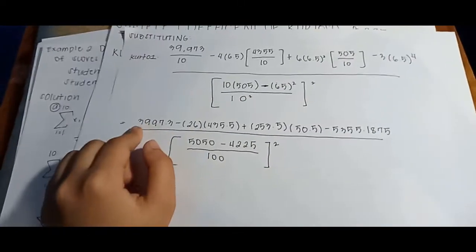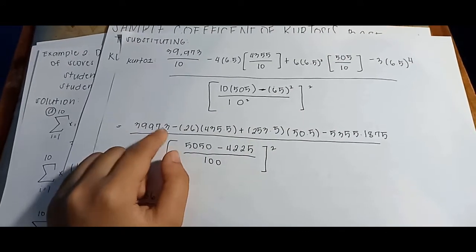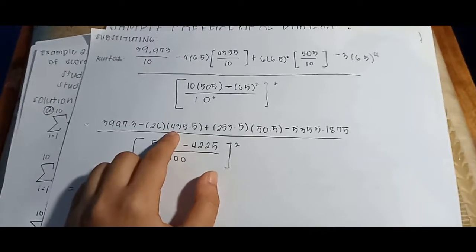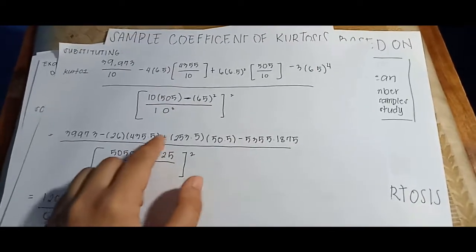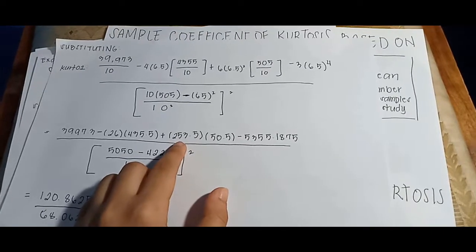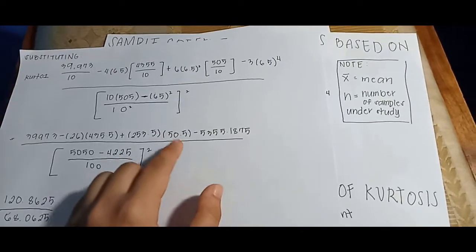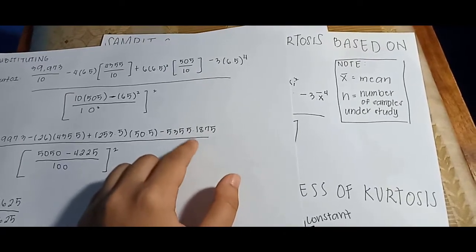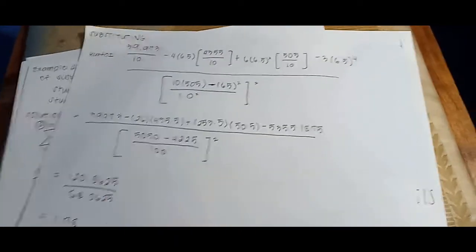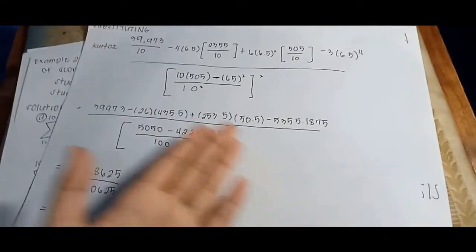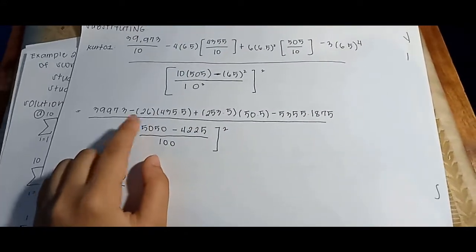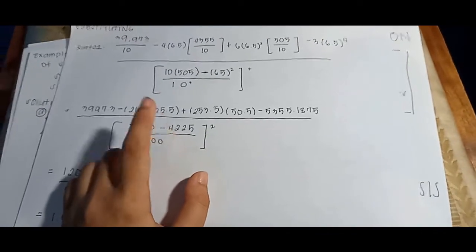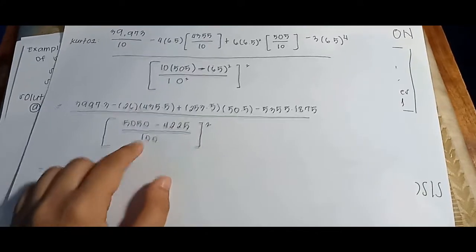So we will get 3,997.3 minus the product of 26 and 435.5 plus the product of 253.5 and 50.5 subtracted by the 5,355.1875. Then divide it with 5,050 minus 4,225 over 100.